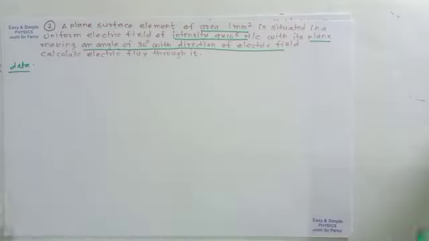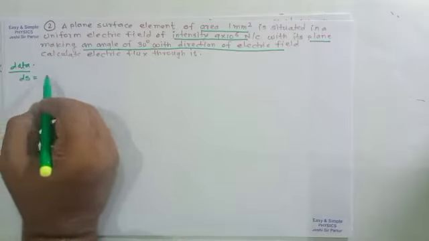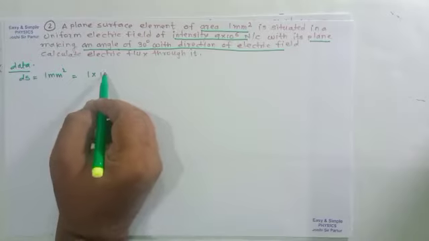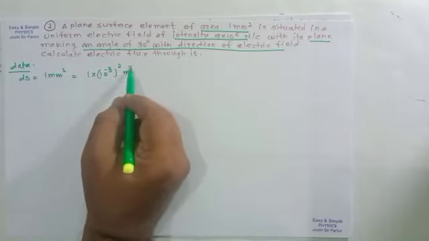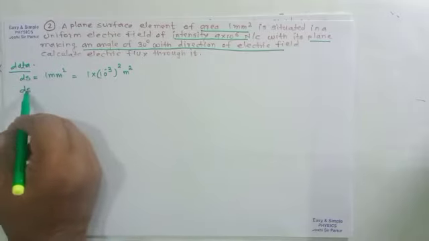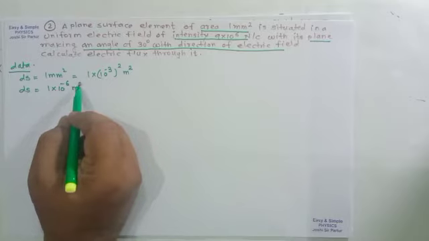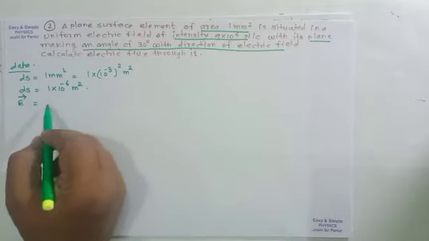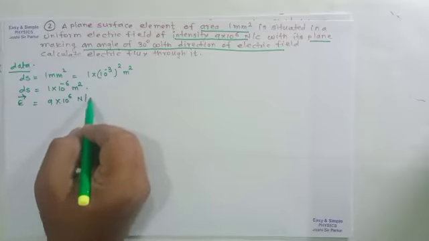So the data for the example will be surface area ds 1 millimeter square, means 1 into 10 raised to minus 3 square, that is meter square. So ds is equal to 1 into 10 raised to minus 6 meter square. Electric intensity vector E will be 9 into 10 raised to 6 Newton per Coulomb.